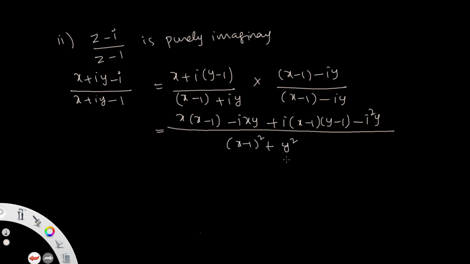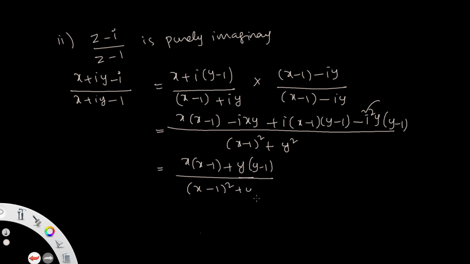Because (iy) whole square means a square minus b square; with the minus before, i square is minus 1 and becomes plus. Taking the real part, i square is minus 1, so you get x into (x minus 1) plus y into (y minus 1), divided by (x minus 1) whole square plus y square, is the real part.